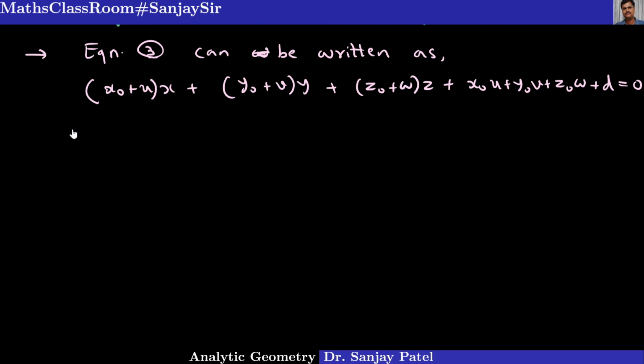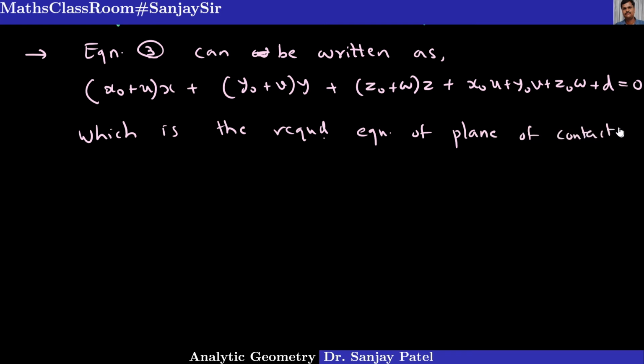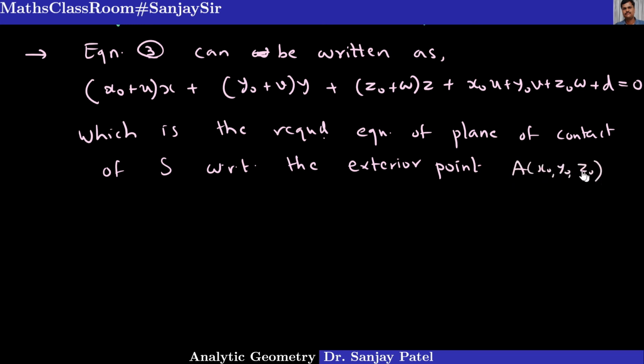Okay, so this is the required equation, which is the required equation of plane of contact of the sphere S with respect to the exterior point A x0, y0, z0. So you can remember this, and it is not difficult to remember.